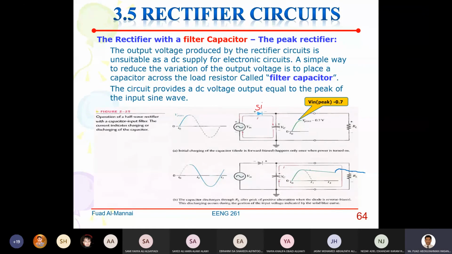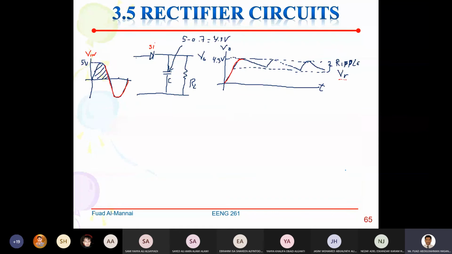They call this ripple. So when we look at over here, this is the input here, and this is the capacitor. You can see that the capacitor reaches max, then discharges slowly, reaches max, discharges, reaches max, discharges, and we call this ripple.